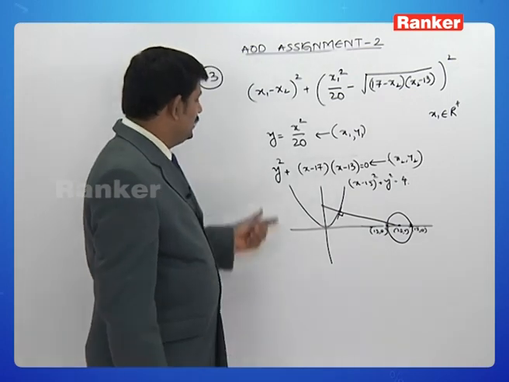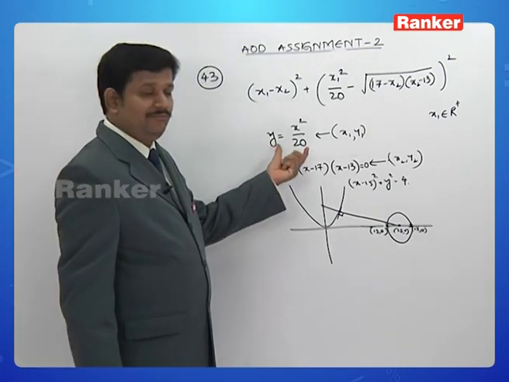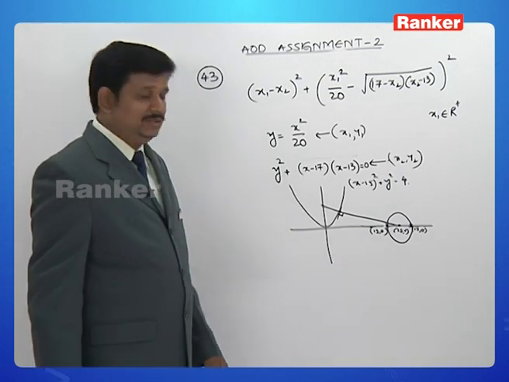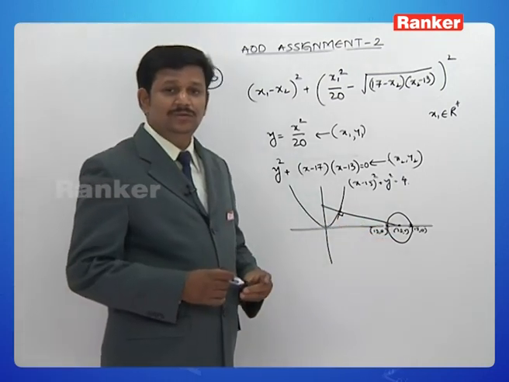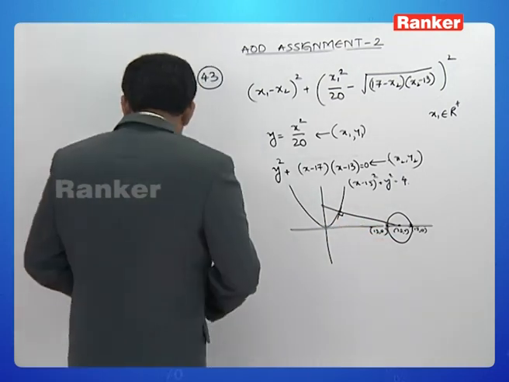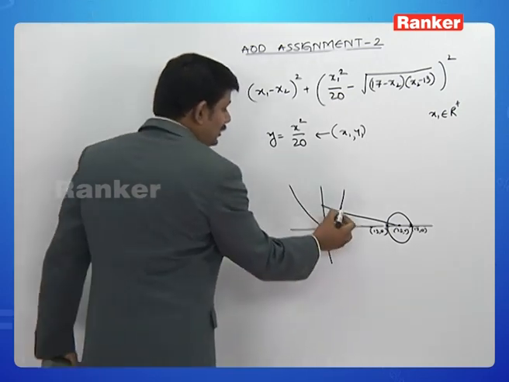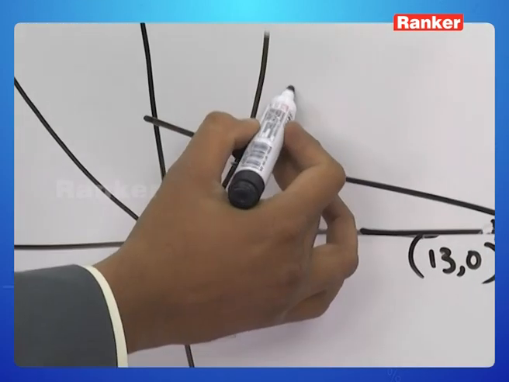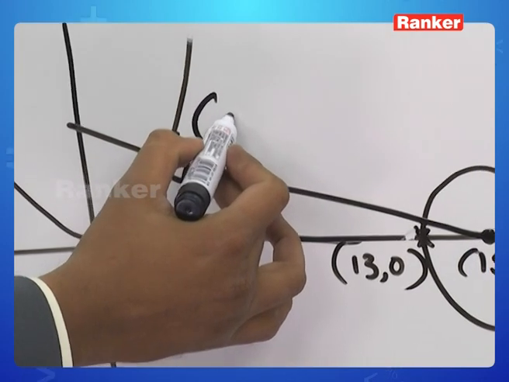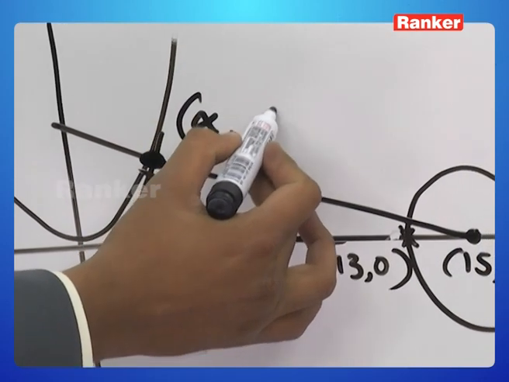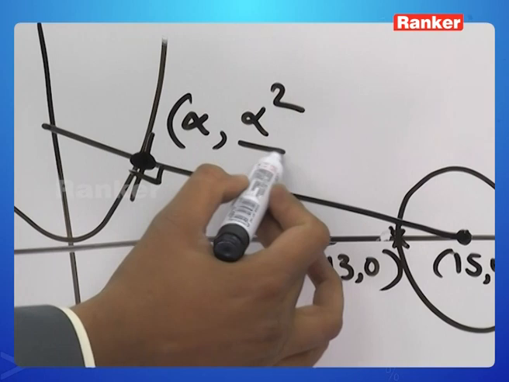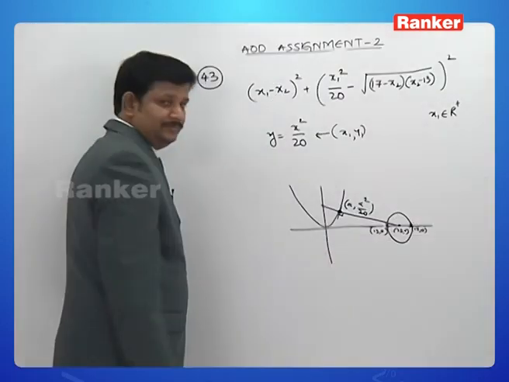So we want the normal of the curve y is equal to x square by 20 which passes through the point 15 comma 0. For that, let us say any point on this parabola, we assume it as alpha comma, the y coordinate would be alpha square by 20.